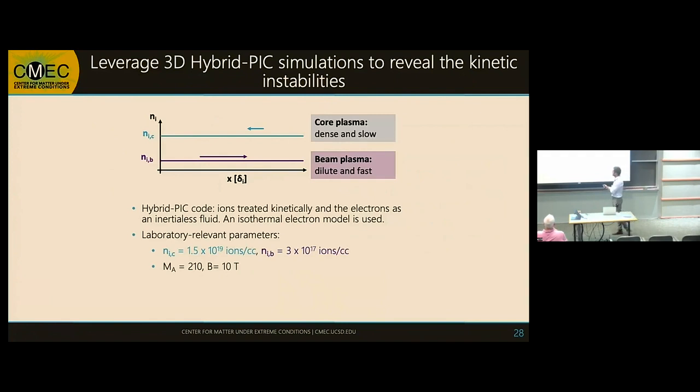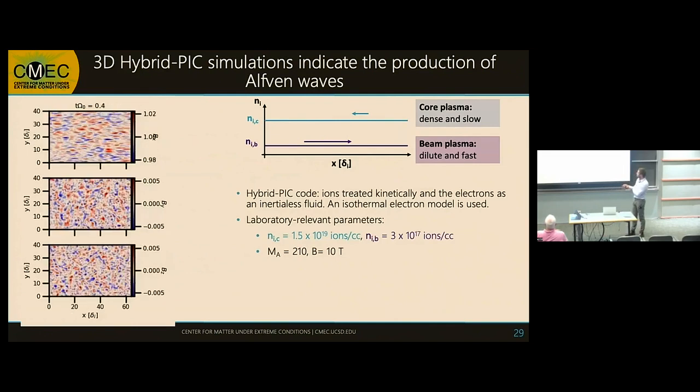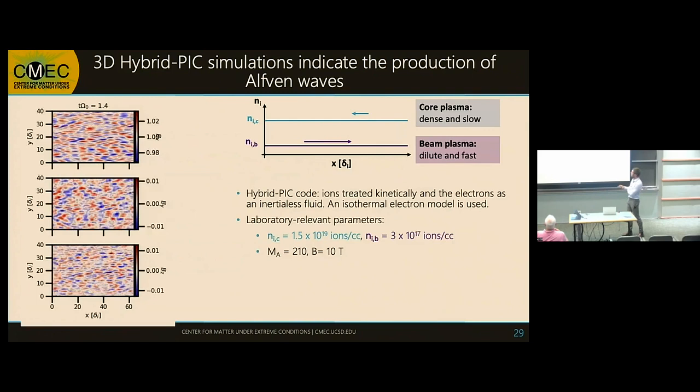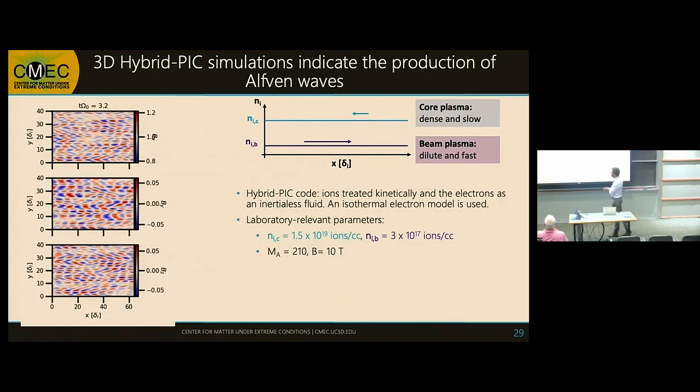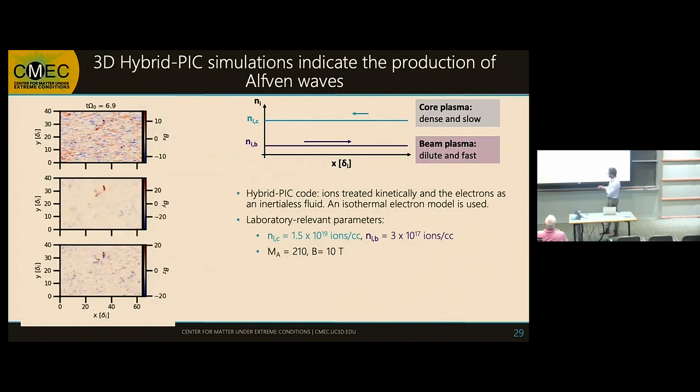Here, the ions are treated kinetically, and the electrons are a massless fluid. So now I'm going to show you the evolution of the magnetic field for the three components, X, Y, and Z. Basically you see that there's a magnetic wave that increases in time, the amplitude gets larger and larger, and after that it saturates.